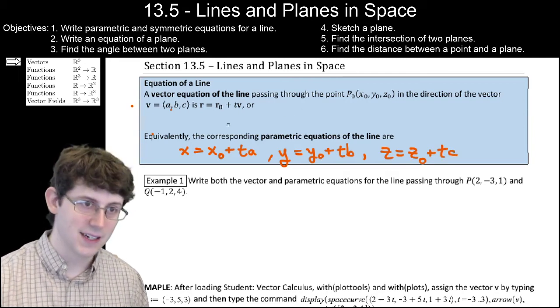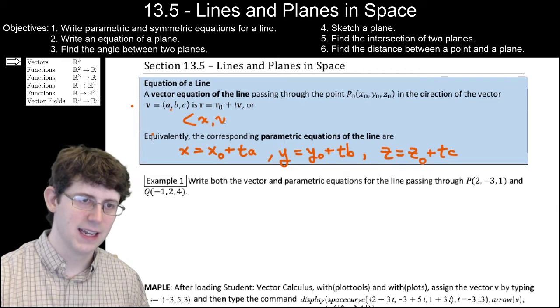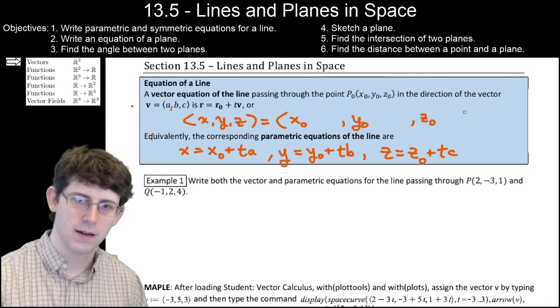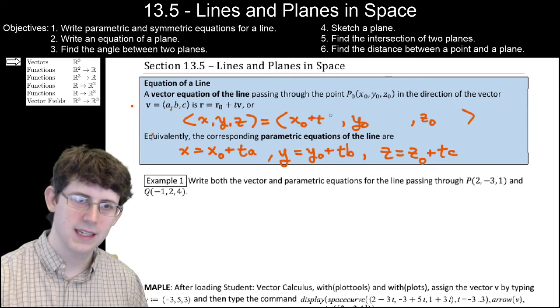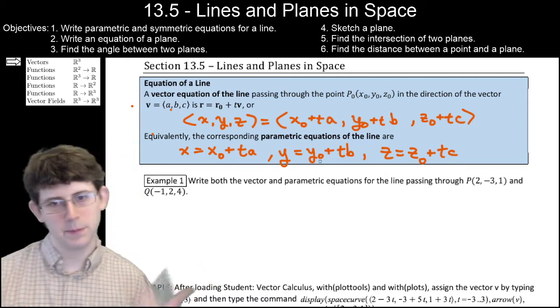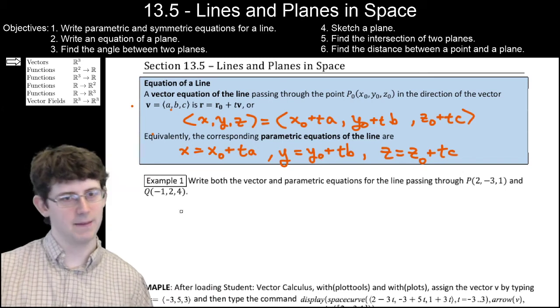If you write it as a vector, then the vector equation is x, y, z is the starting point plus t times the direction you're headed. So 2 different perspectives, same exact thing.